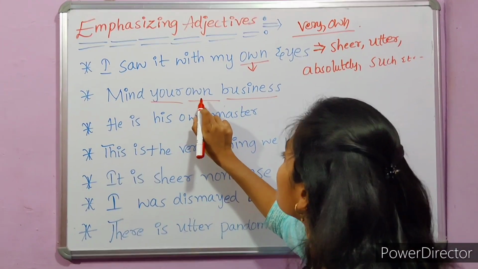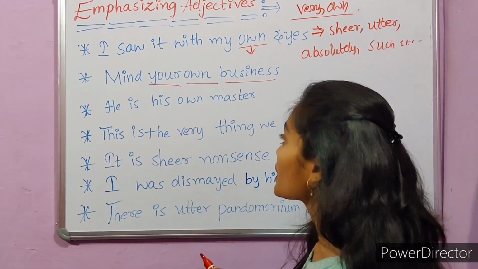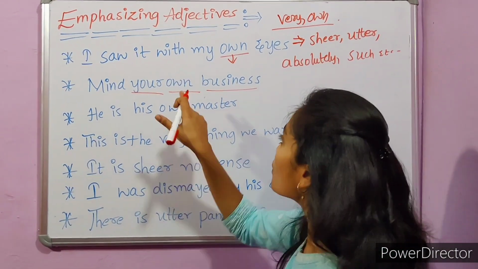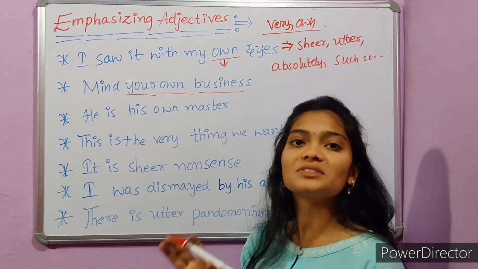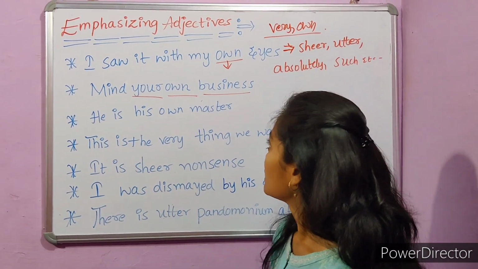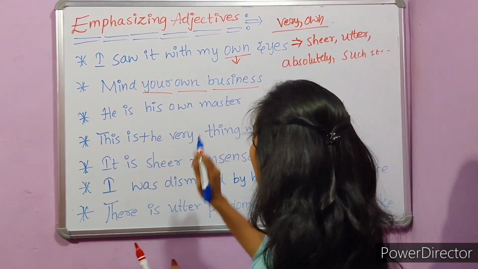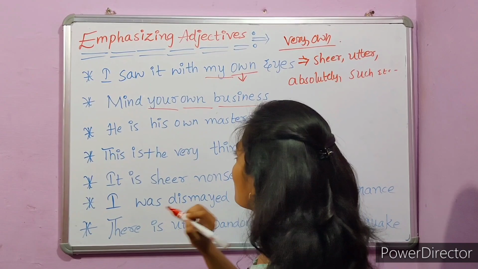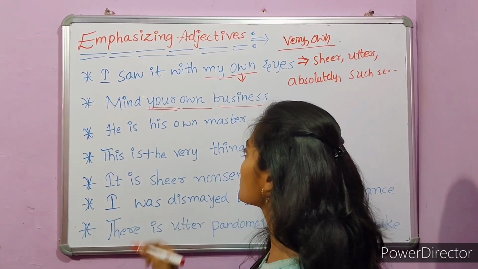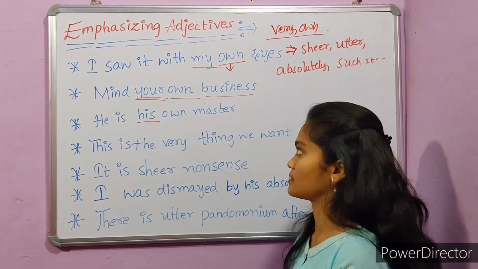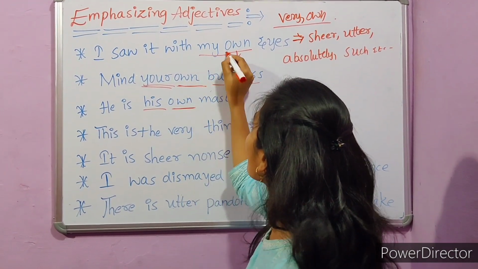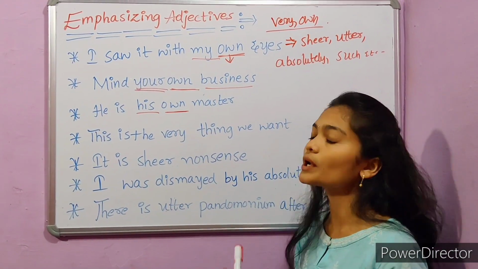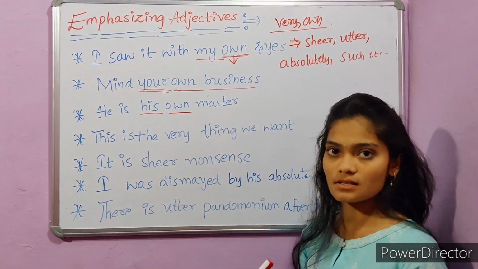Here, own is an emphasizing adjective. Basically, own is used to emphasize possessive adjectives. Here, my is a possessive adjective, your is a possessive adjective, his is a possessive adjective. And own is used in all of these sentences to emphasize a possessive adjective.